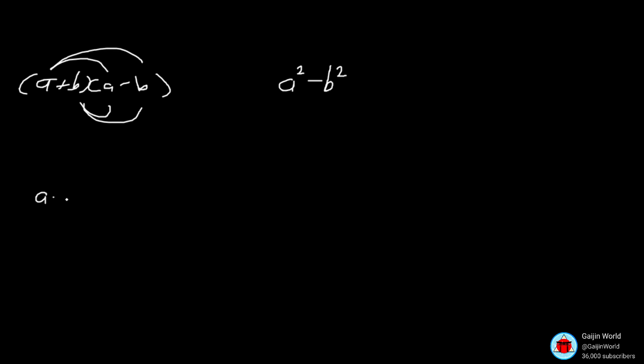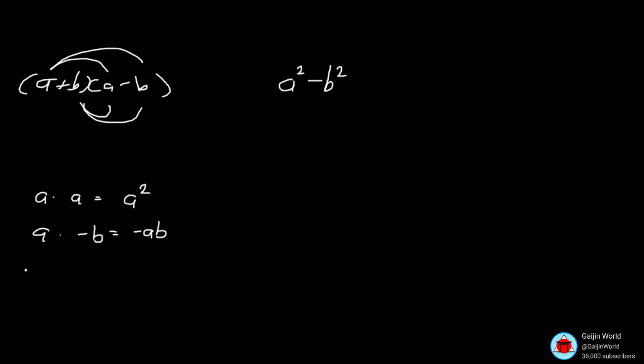A times A would be A squared, and then A times B would be AB. Then A times minus B would be minus AB. If you multiply a negative by a positive, it will become negative, and negative times negative is positive, you know.